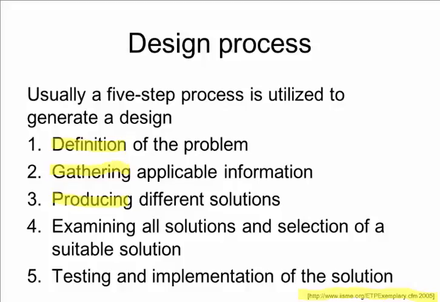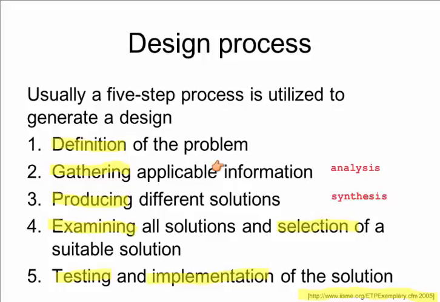Then we've got the synthesis phase, which is producing solutions and then choosing solutions, so it's examining and selection, and then testing and implementation. So what we have is the analysis phase and then the synthesis phase. Analysis would mean pull something apart, and synthesis means put something together.